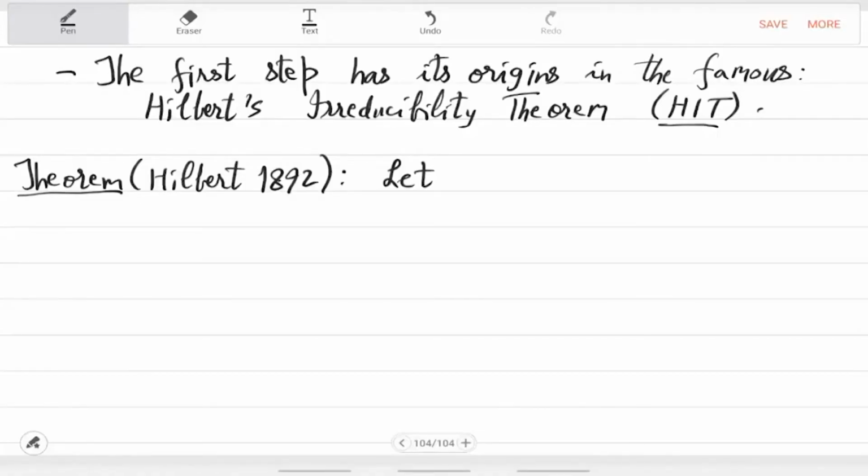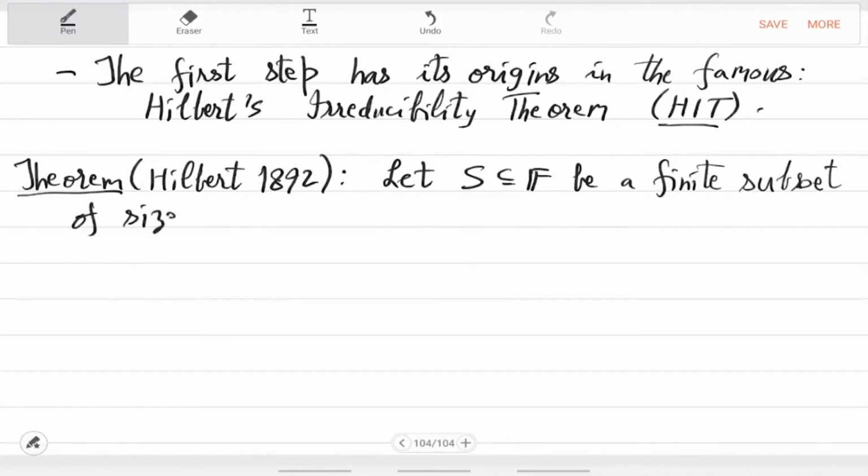So, let us give the statement with all the gory details. Pick a subset S of size big enough, happens to be 7d^6.